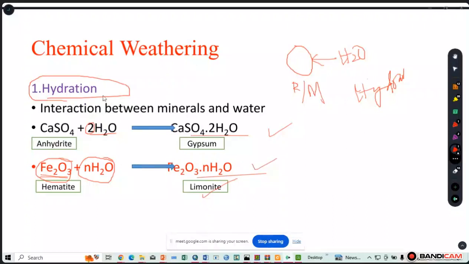Hydration is nothing but the interaction between the mineral and water, and the water gets absorbed by the mineral or rock.